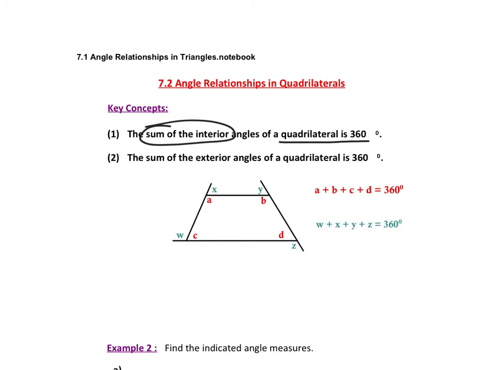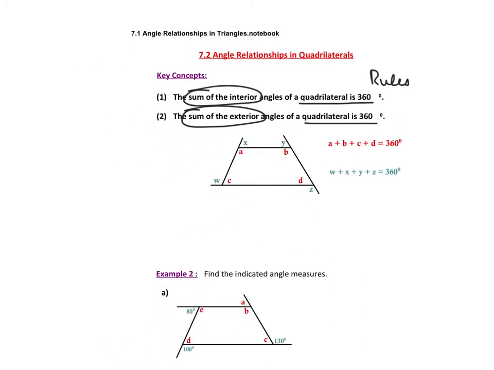So it's essentially double that of a triangle. And the sum of the exterior angles add up to 360 degrees, okay? So those are some rules you kind of need to remember, okay? And we will be learning in the next lesson sum of interior angles of polygons. So you will get to learn a little bit of a formula for that, okay?